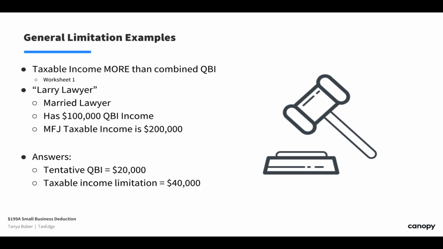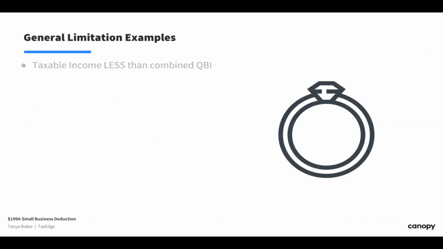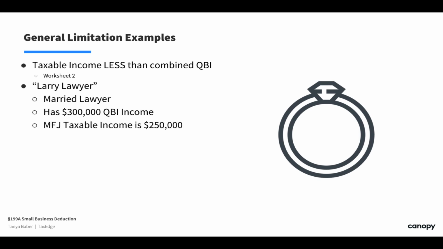But then let's look at what happens if that taxable income is less than our QBI. This is going to be an example you can work out on Worksheet 2. Same guy, Larry Lawyer. He's married still. Now he has $300,000 of QBI income, but his married filing joint taxable income is $250,000. So we don't know what kind of loss, something happened in there, it reduced his total income.